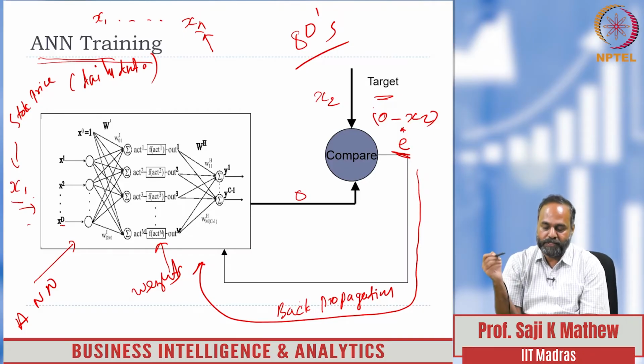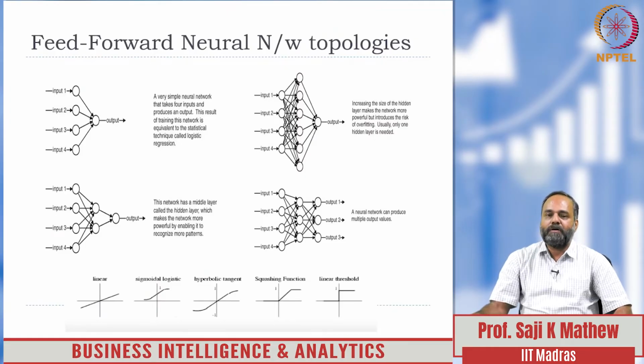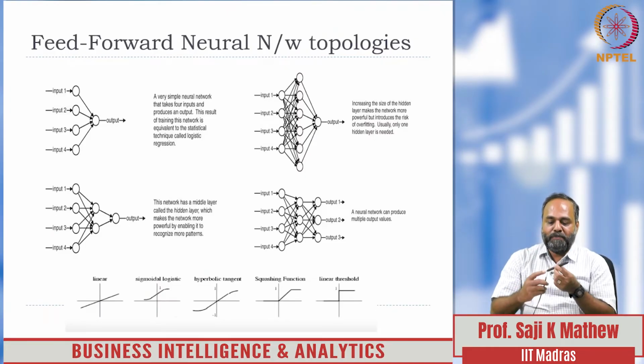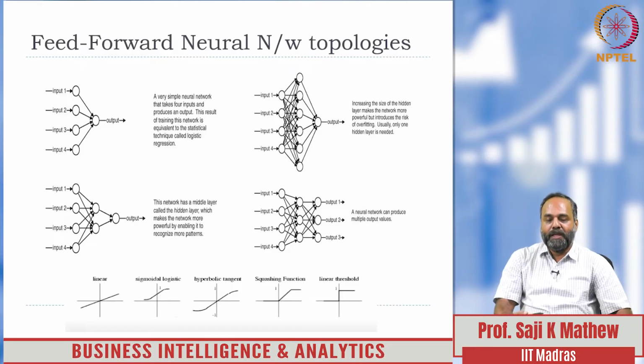Okay, that is forecasting. Now we are slowly moving from understanding how neural networks function to understanding how neural networks could be applied to solve problems. So we have treated neural network as a black box so far.